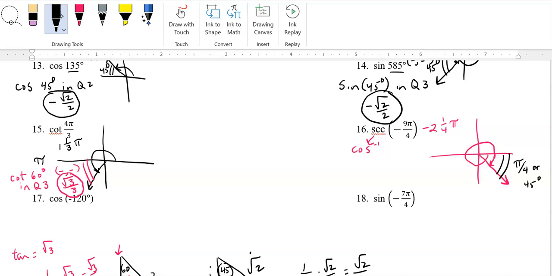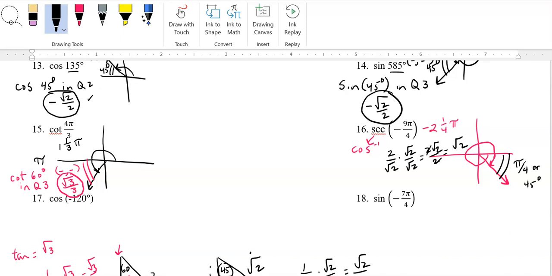We've already established what cosine 45 degrees is. We did that over here. That's the square root of 2 over 2. To get secant, I just flip that over and rationalize it. So I've got 2 root 2 over 2, but that simplifies to the square root of 2.